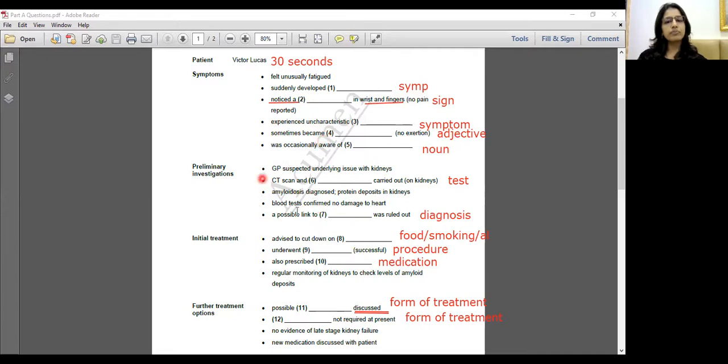Similarly, all the blood tests or other tests that he had so far before seeing the nephrologist, the patient would be mentioning all these things. So be aware of this fact that the majority of your answers are going to come from the patient, and the senior consultant would be only helping you to move from symptoms to investigations to treatment and to further treatment options.